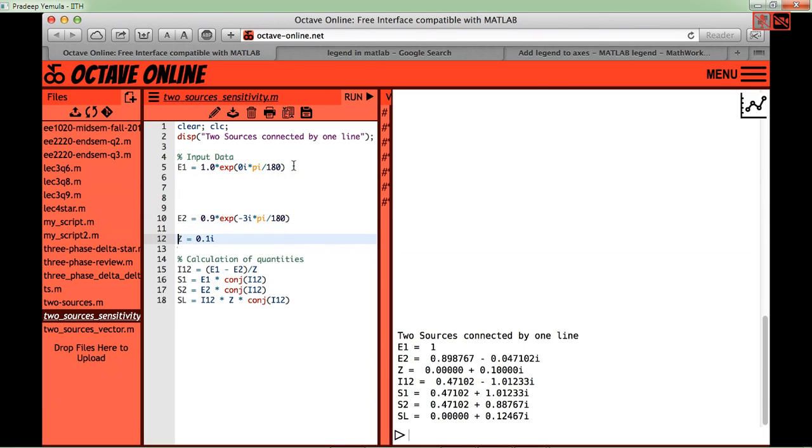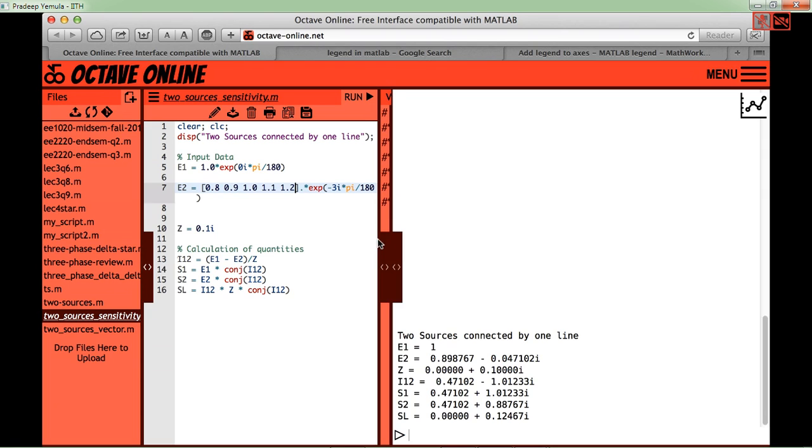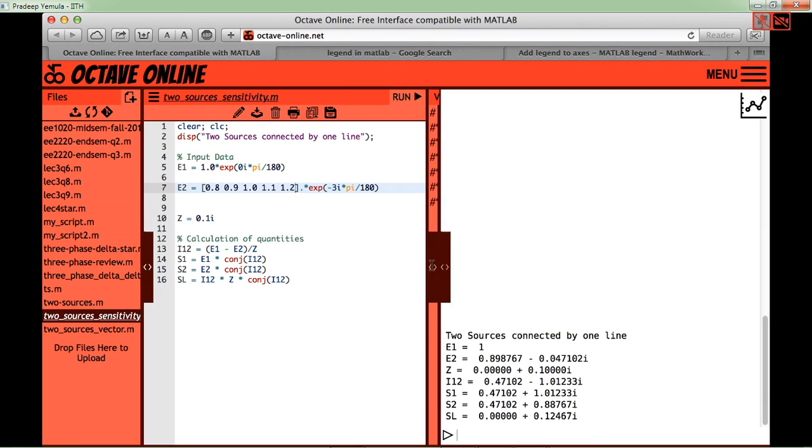You just see what I will do in the case of E2. In the case of E2, instead of giving one value, I'll give a matrix. Okay. The matrix is 0.8, 0.9, 1.0, 1.1, 1.2. As a result, what happens?